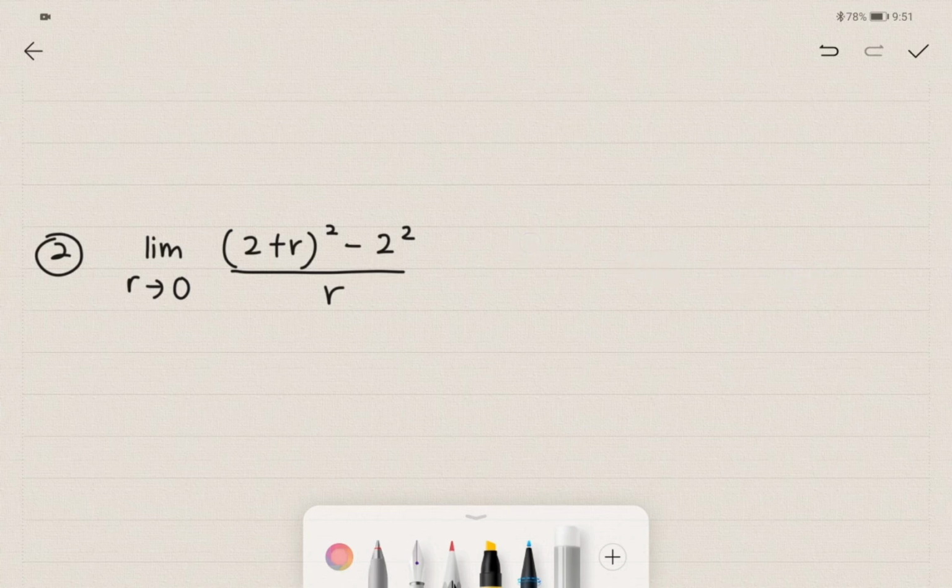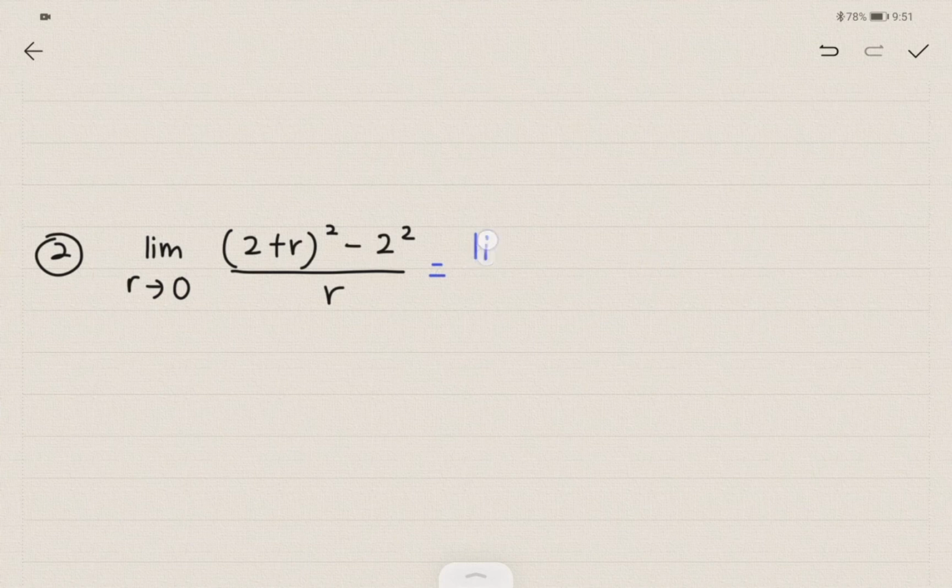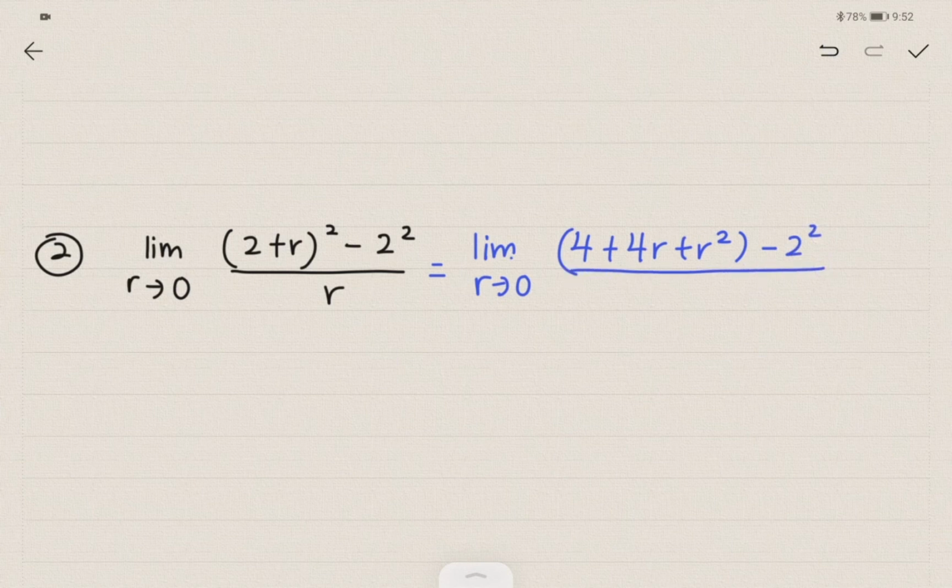We expand the f(x). After we expand, r plus 2 squared gives 4 plus 4r plus r squared. The other part we just copy down, exactly the same thing.